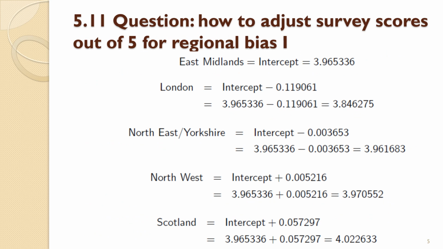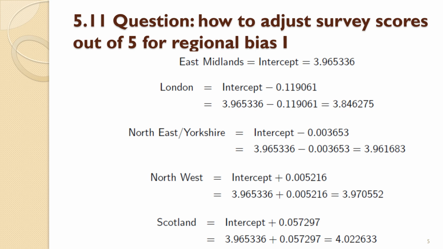So in terms then of how to adjust survey scores out of 5 for the regional bias, for the East Midlands region, the average score would just be the intercept term. Then for the London region, what you have is the intercept term minus the adjustment to give you the average score. And then for the North East Yorkshire region, the intercept minus this adjustment here of 0.003653.